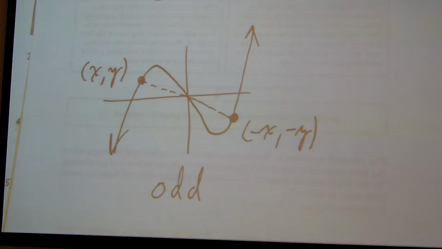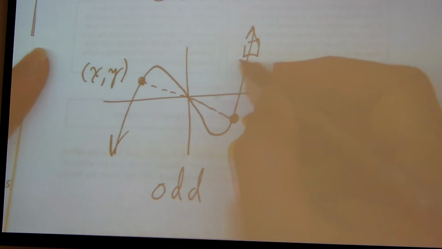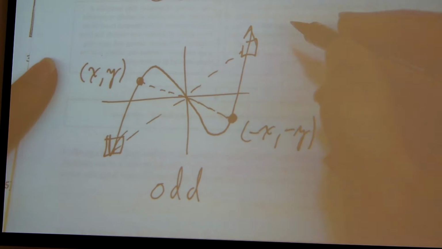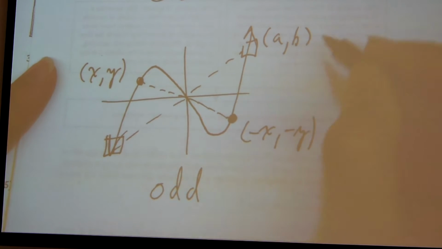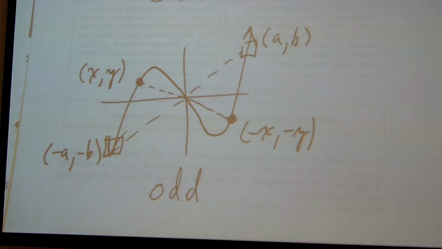Both the x and the y coordinate will be opposite. Think about that. If I pick a point here, it's going to have a reflection down here. And if this is a comma b, this will be opposite of a and opposite of b, whatever the signs are. Okay, so that's an odd function.